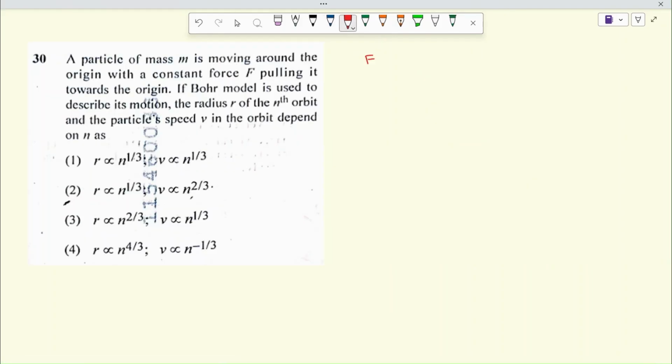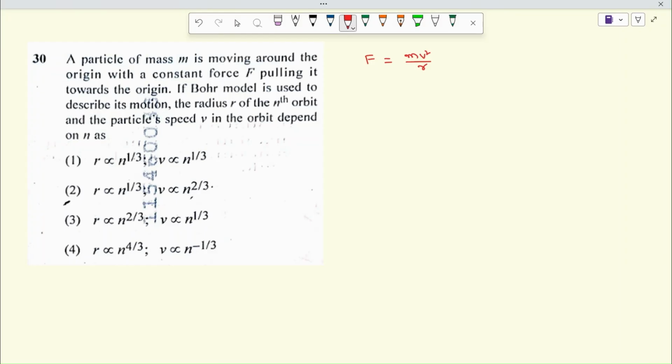30. A particle of mass m is moving around the origin with a constant force F pulling it towards the origin. So you can say F is the constant force, which is centripetal, mv square by r. Next, if the Bohr model is used to describe the motion, the radius of the nth orbit and the particle's speed you have to obtain.